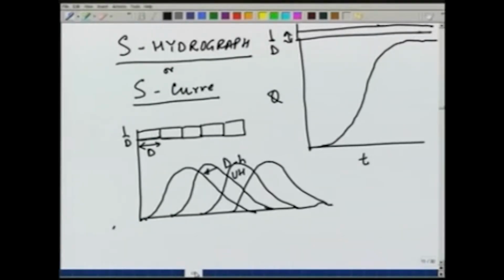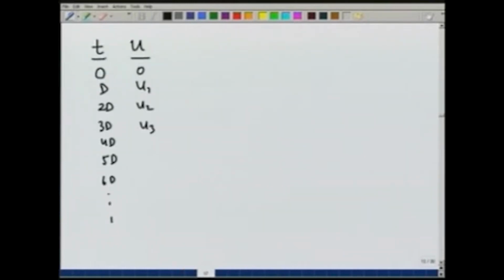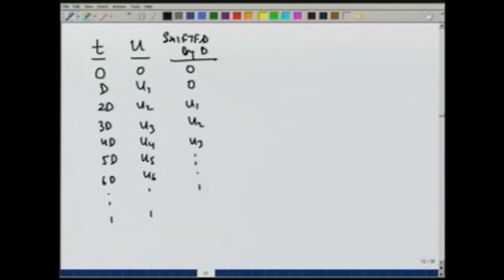So, in the tabular form, we can perform the S curve calculations in the same way as we have done earlier. For example, if we have the ordinates of unit hydrograph at every d hours, we can shift it, but now we have to add a lot of these ordinates. So, shift by d, 0, 0, then u1, u2, u3 and so on.